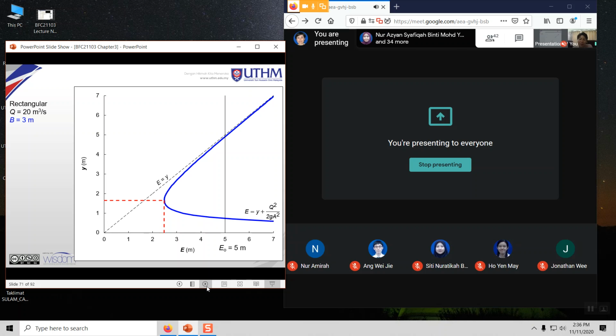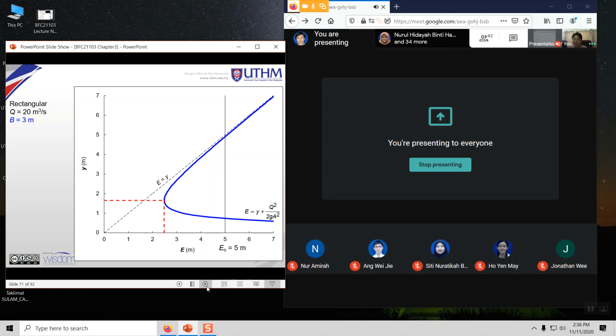I plotted it against Y, and I have E equals Y plus Q squared over 2gA squared. This specific energy equation is used for all sections.